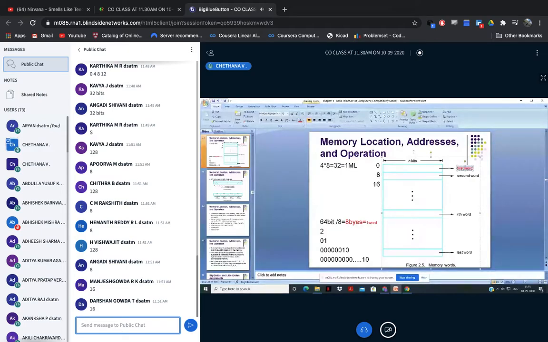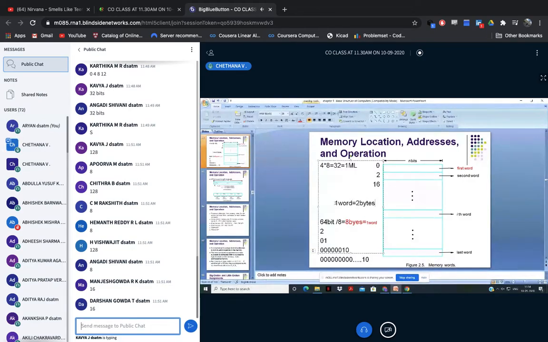Suppose instead of 4 bytes of data, I added here only 2 bytes of data. Suppose 2 bytes, what's my next address? 2 here. What is my first word now? My first word is equal to 2 bytes. So one word is equal to how much now? One word is equal to 2 bytes.